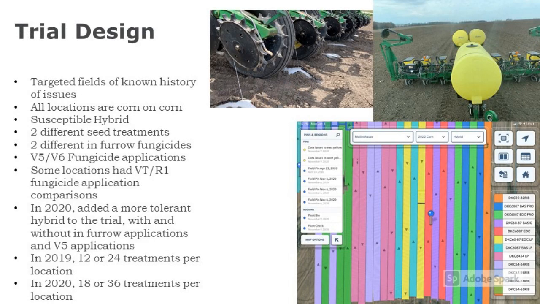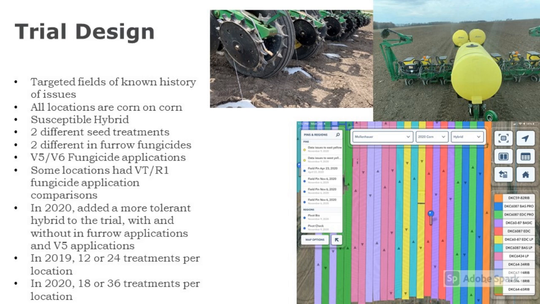So as I started to design these trials, I wanted to target fields that I knew had a known history of crown rot, because I felt like that would give me the best chance of seeing some differences in these different treatments. We picked a susceptible hybrid to utilize in the trial with 2 different seed treatments: an elite seed treatment package, which has a high load fungicide, and then our basic seed treatment.